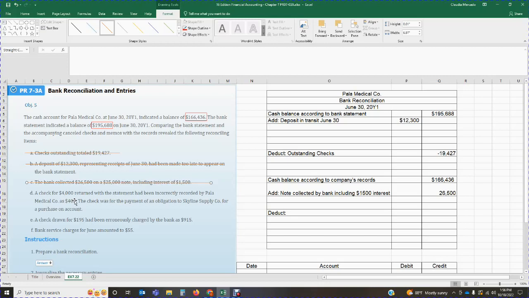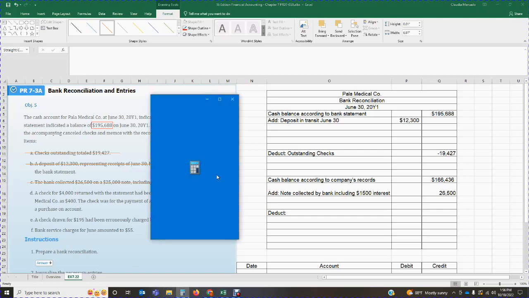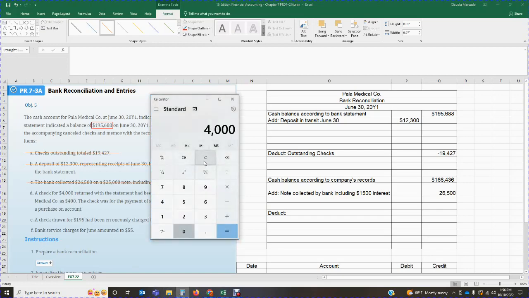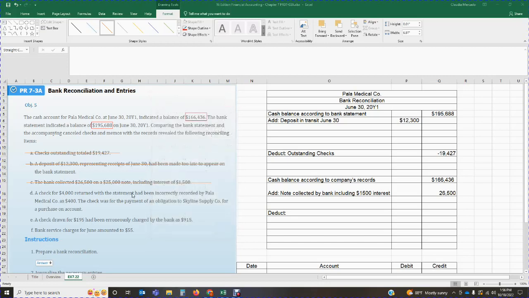If the check should have been for $4,000 but we did it for $400, we need an adjustment of $3,600. Are we going to add $3,600 or deduct $3,600? We should be deducting because we are making a payment to Skyline Supply Company. When we pay someone, our cash goes down.